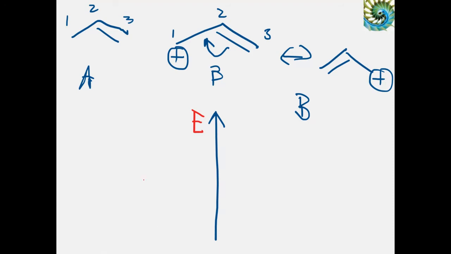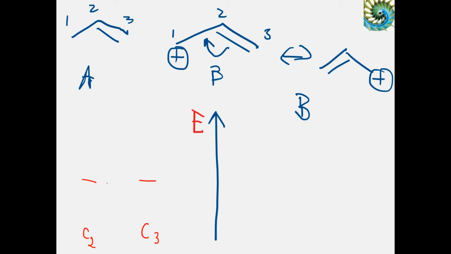So if I were to ask you about the energy diagram for the pi bond of molecule A, so the A is on the left side, you know that you have energy here. You have 2 carbons, so you start with the 2 orbitals that have the same energy. This will be carbon number 2, and this is carbon number 3. We are talking about the pi bond now, not the sigma bond.